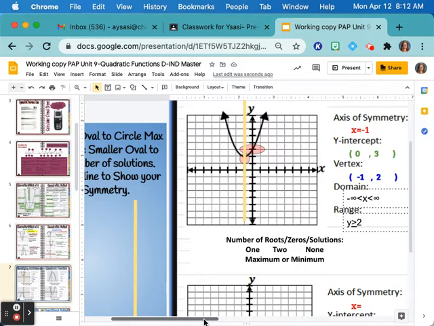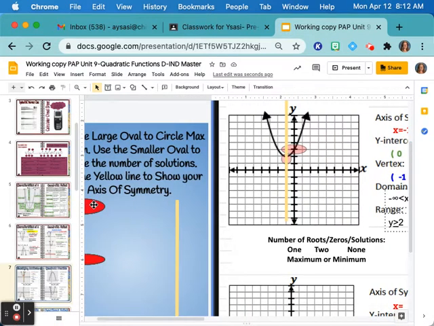Y'all can tell me. What are we looking for? X-intercept. Yeah, where does it cross the x-axis? Do we have one on this? No. So we would put none.